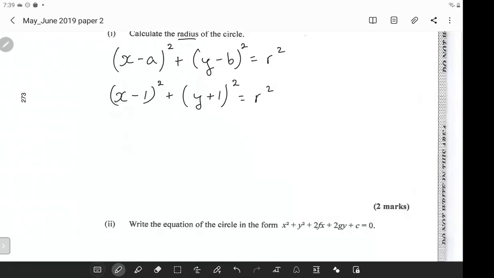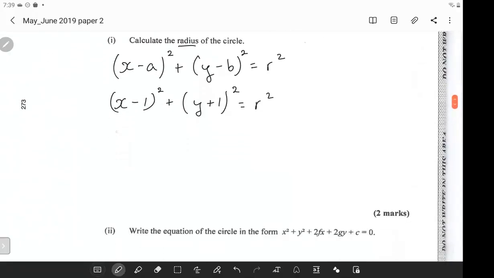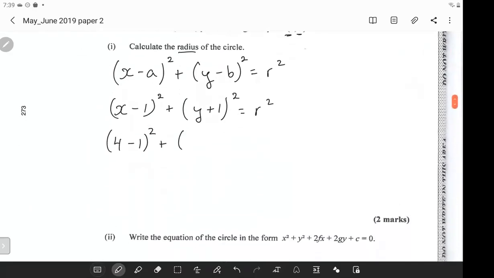Anyhow, we could substitute these values here, because we know that our circle passes through that point. So we have x equal 4. So we have (4 minus 1) squared plus (3 plus 1) squared equal r squared.